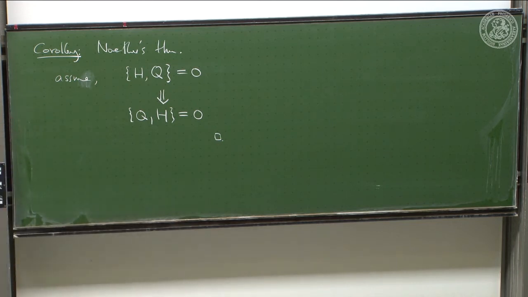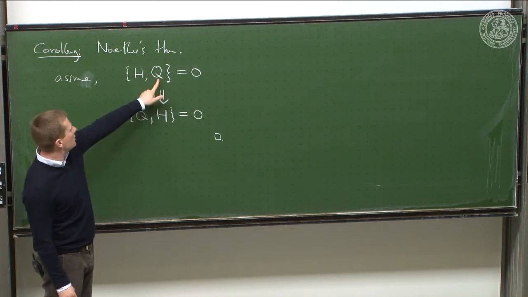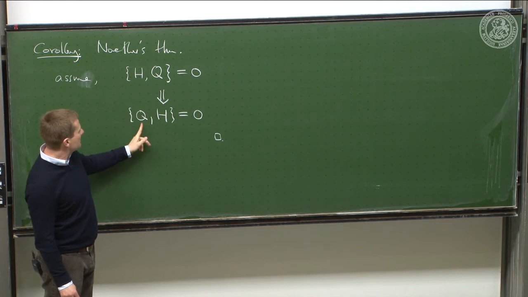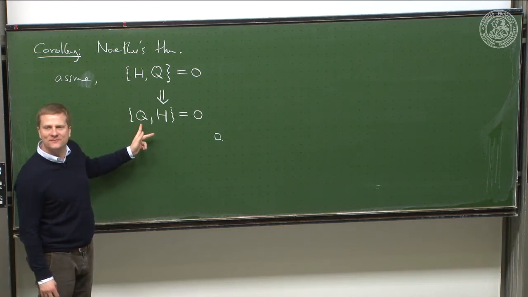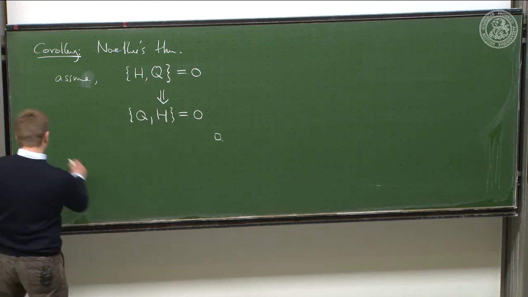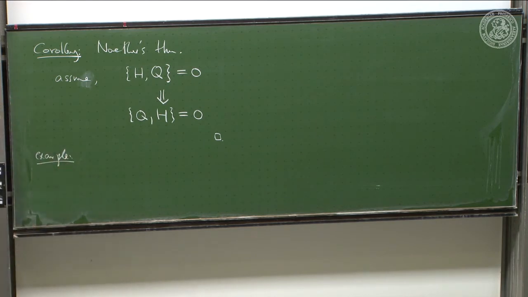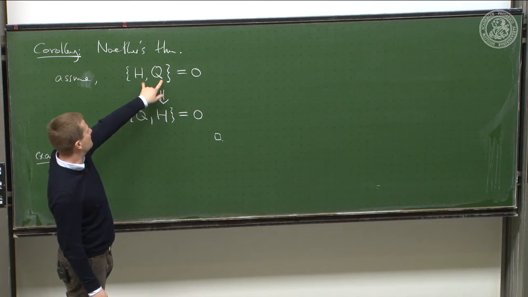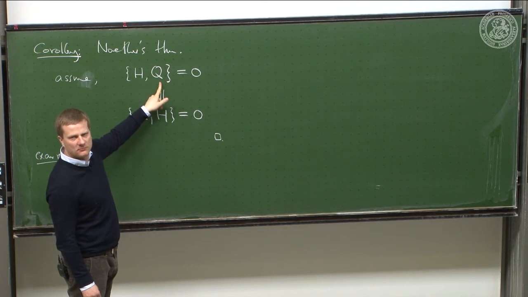Why? What does it mean? Well, this means that Q is conserved under the flow of H. And this means that H is conserved under the flow of Q. And that's Noether's theorem. If one observable is conserved with respect to the flow of the other, then the other also with respect to the flow of the one.